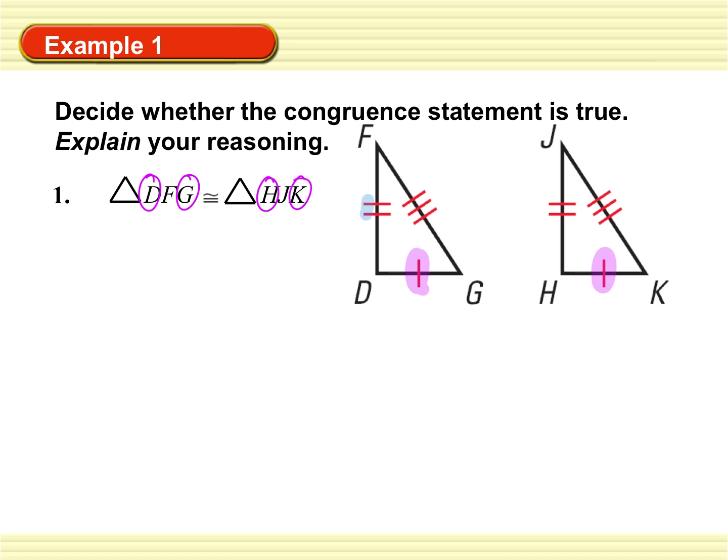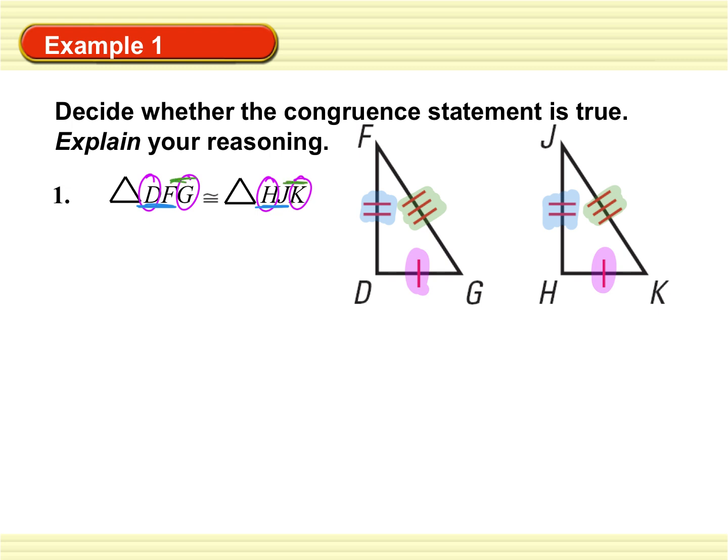Looking at the next one, I have FD and JH. FD and JH should be congruent. Here's FD, here's JH. Yes, that's good. And then my other side is FG and JK. FG and JK should be congruent. FG and JK are.